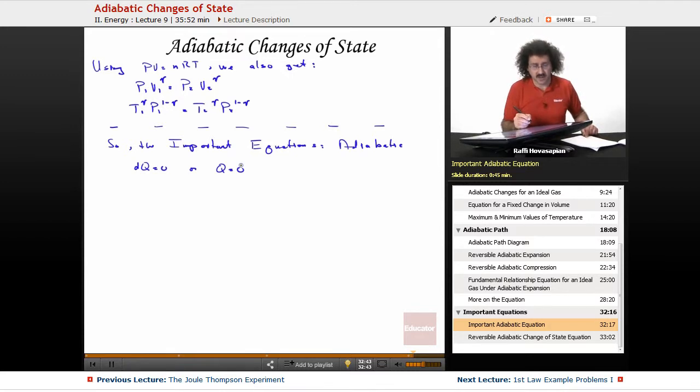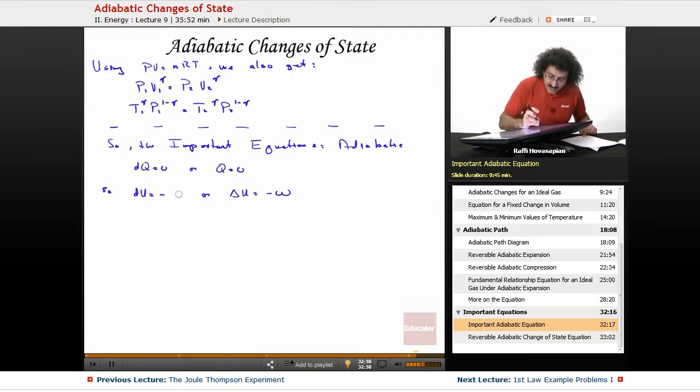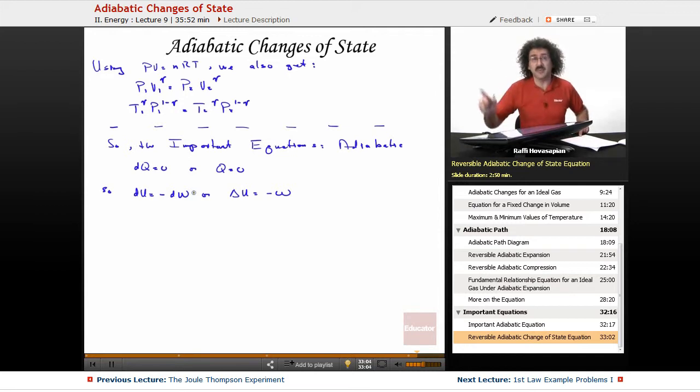Either one is fine, depending on if you're talking about the differential version or the complete finite version. So what you end up with is dU equals minus dW, or delta U equals minus W. Okay, now for a reversible adiabatic change of state.